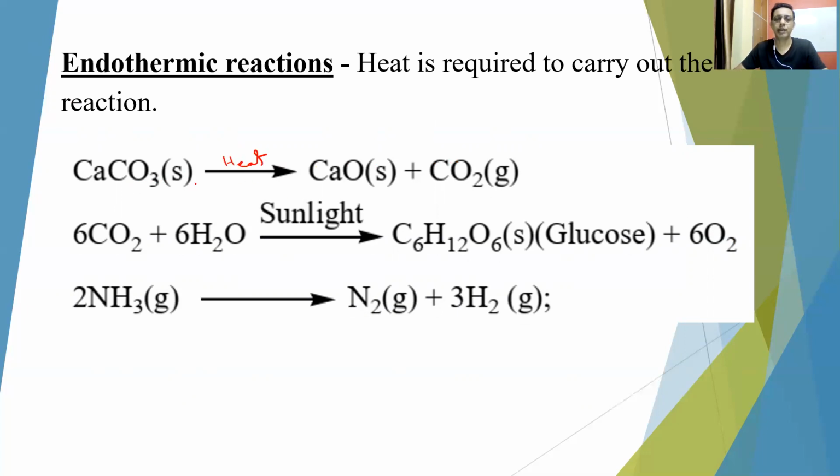So if we provide heat, then calcium carbonate will decompose to give calcium oxide and carbon dioxide. Similarly, carbon dioxide and water in the presence of sunlight produce glucose. This is a reaction which is involved in photosynthesis. When ammonia decomposes to give nitrogen and hydrogen, here heat is required, heat is absorbed.